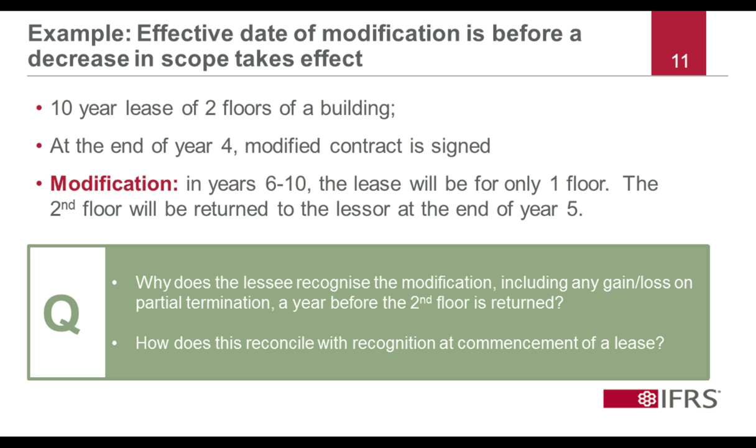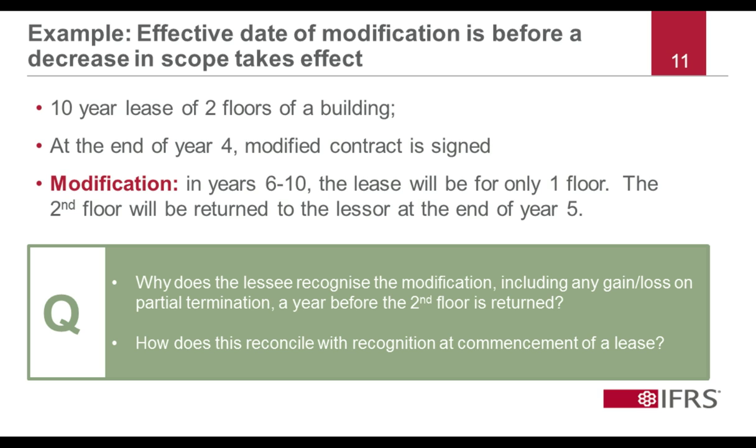Yes. So, as you said, in this case, both measurement and recognition of the modified lease occur at the effective date of the modification. That's because as soon as the modified contract is signed, both parties have contractually agreed that the lessee will pay less lease payments than under the original contract.